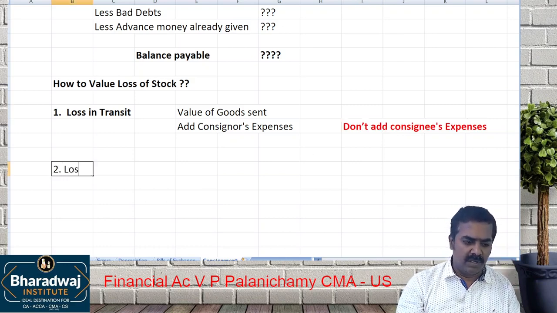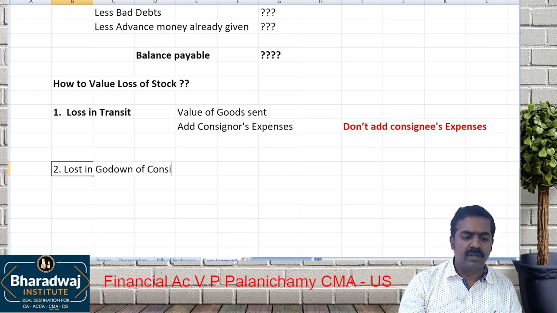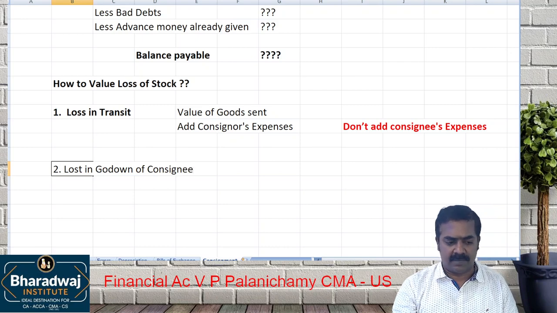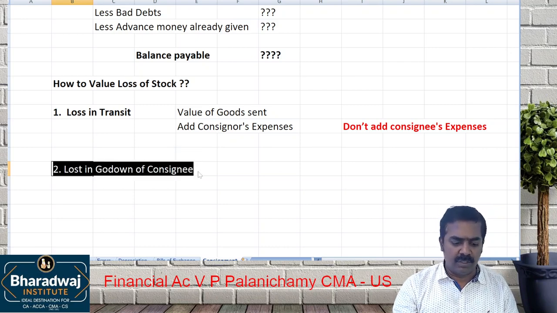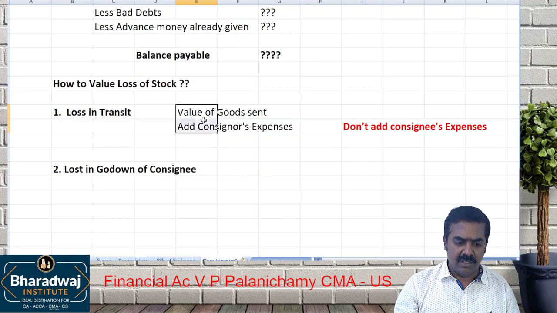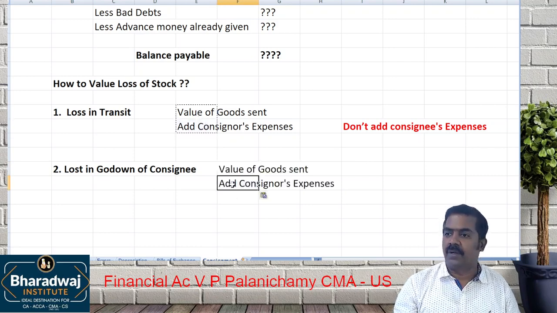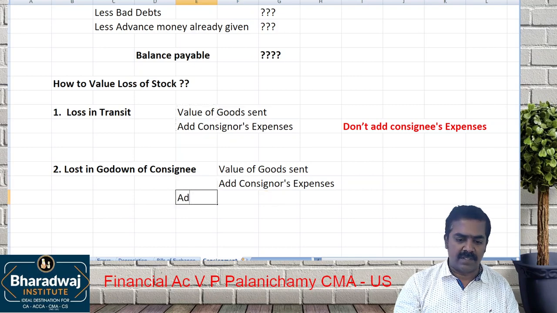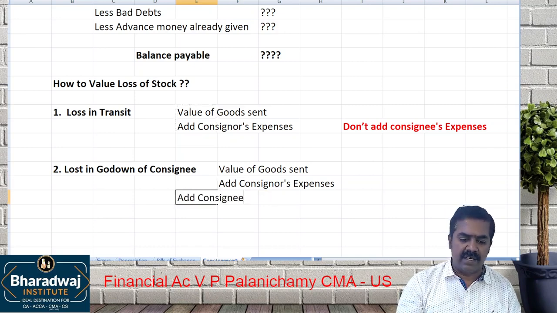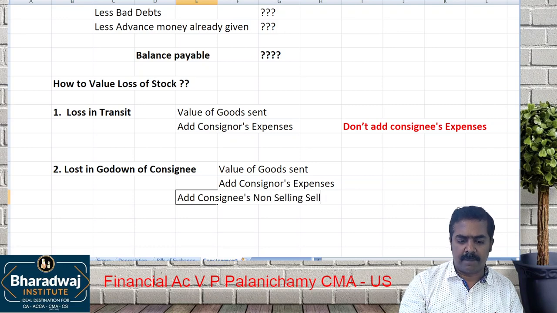Number two. Lost in godown of consignee. In your godown the goods are lost. You will take the value of goods sent, add consignor's expenses, and add consignee's expenses also, consignee's non-selling expenses.